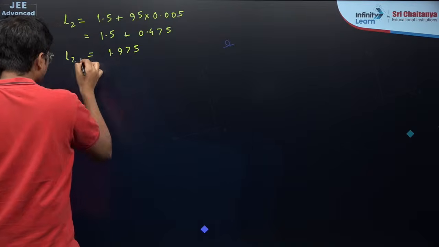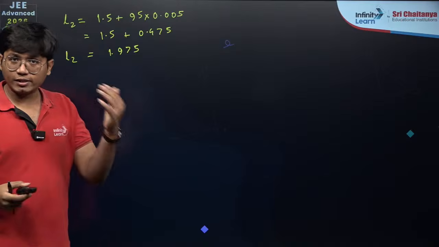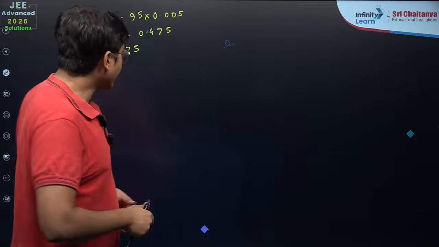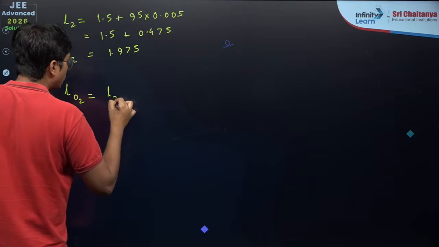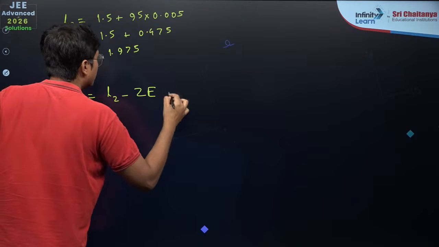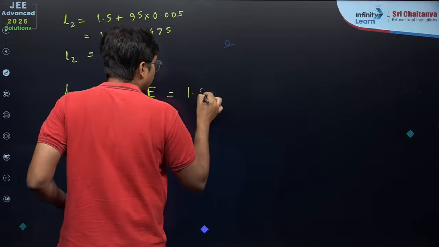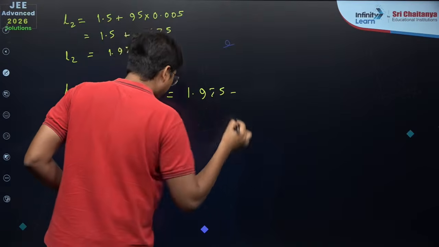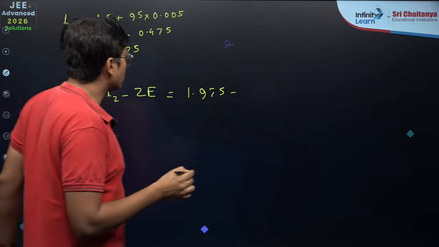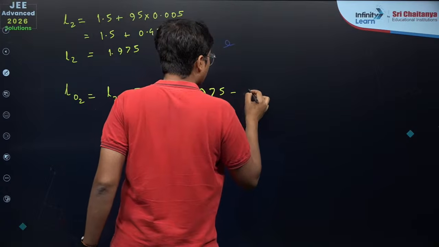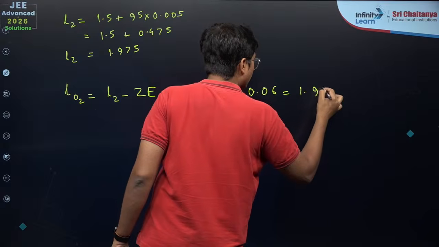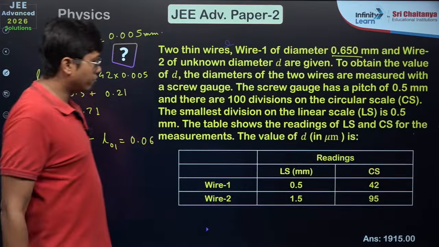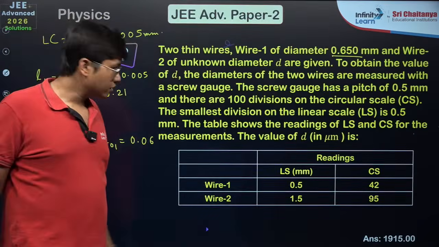This is L2. But remember, there is a positive zero error. To get to the corrected value, I have to do L2 minus that zero error, which is 1.975 minus 0.06, which makes it 1.915. That is the answer.